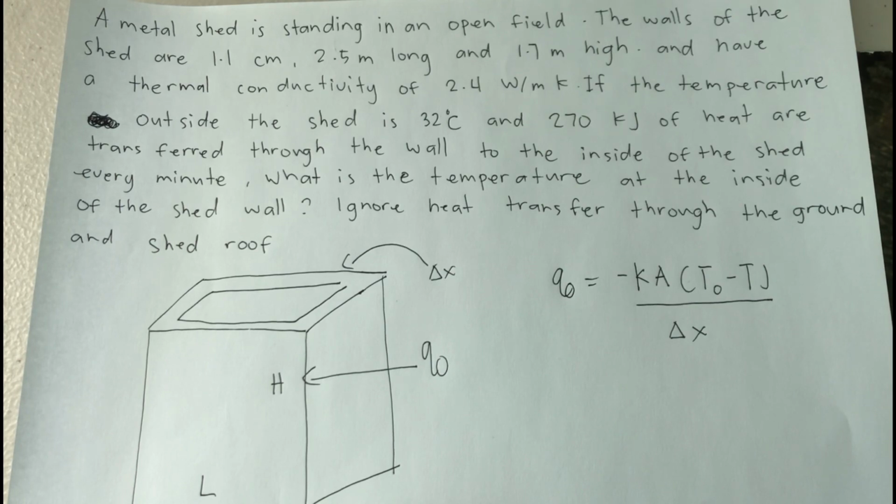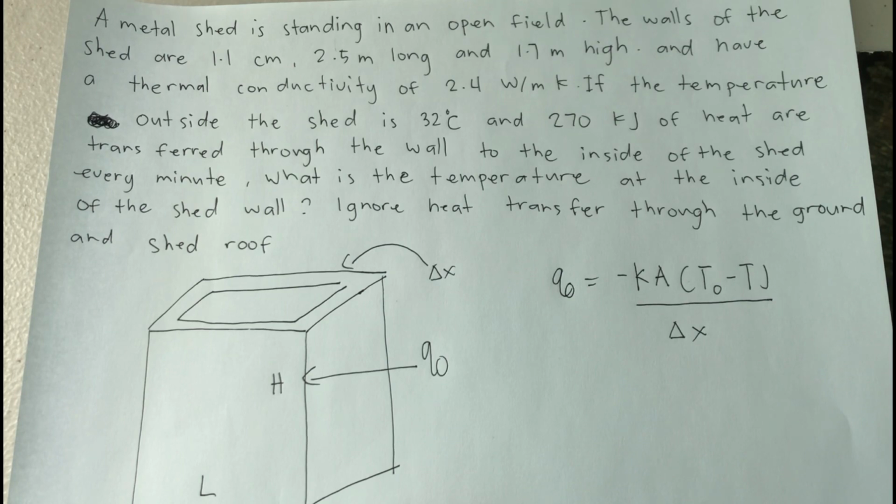If To is bigger than Ti, like it's going to be in this particular example, then Q is positive and heat is flowing into the area. If Ti is bigger than To, Q is negative and heat is flowing out of the area. The negative just tells you the direction of the heat flow.